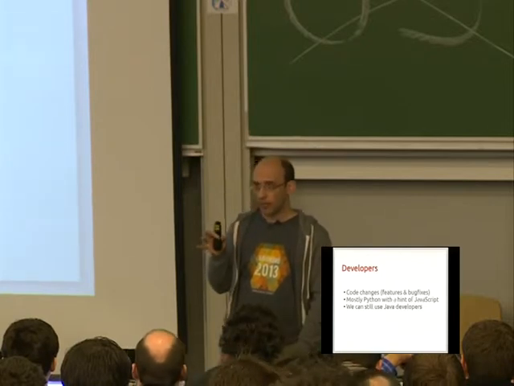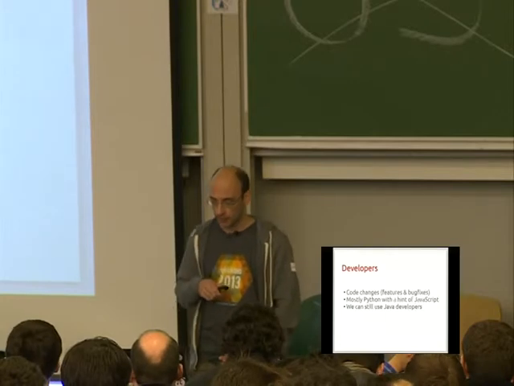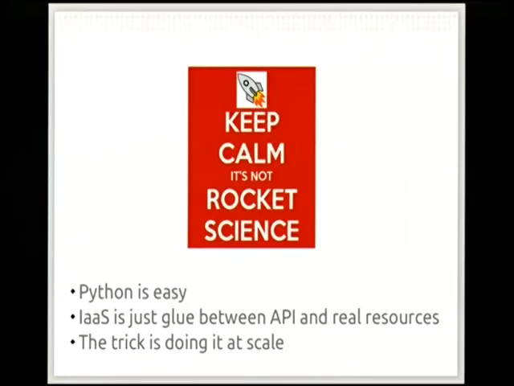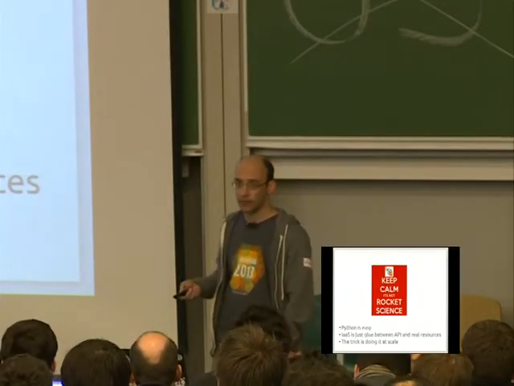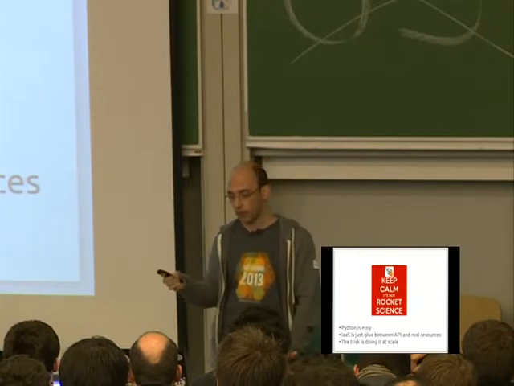At that point, you may wonder, yeah, but that sounds like complex stuff. Can I actually do that? And the answer is yes, because Python is easy, and this is actually not rocket science. I mean, we are not writing a new hypervisor or a new block device type for the kernel or anything. We're just interfacing.